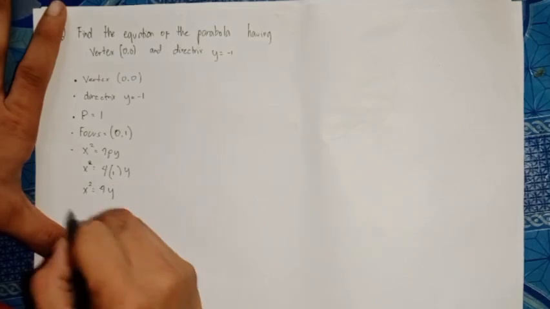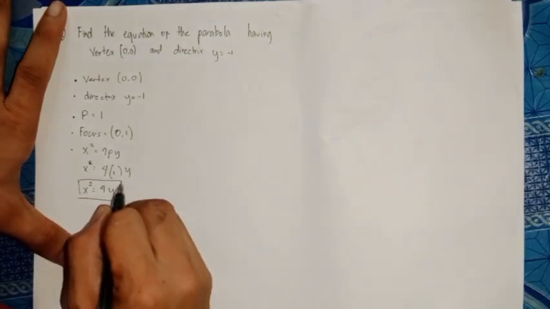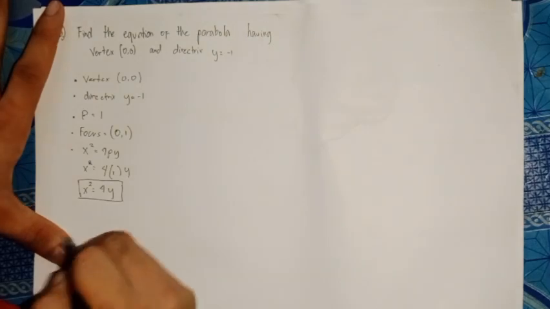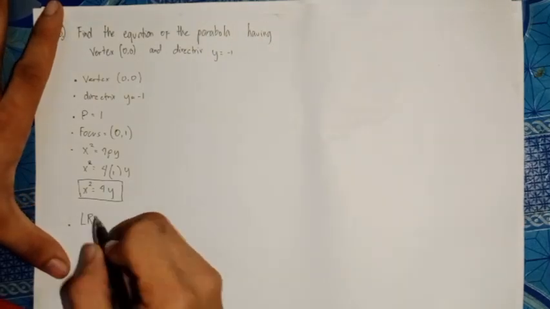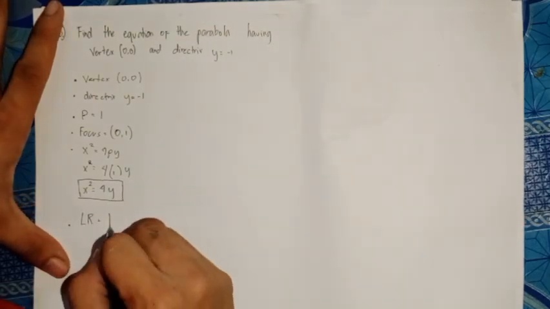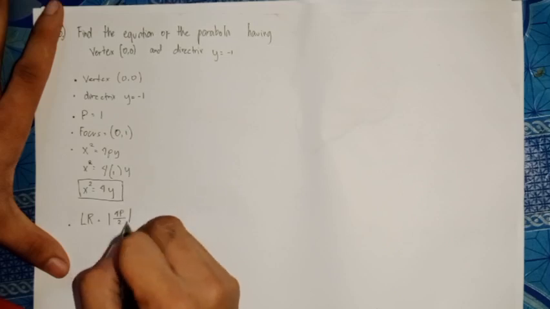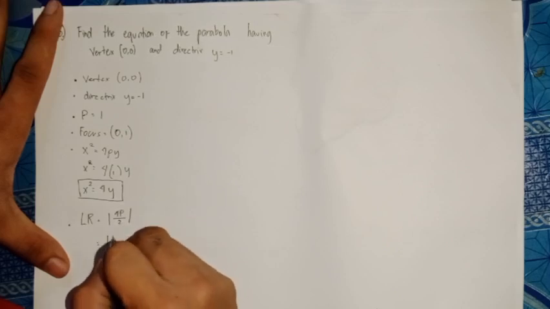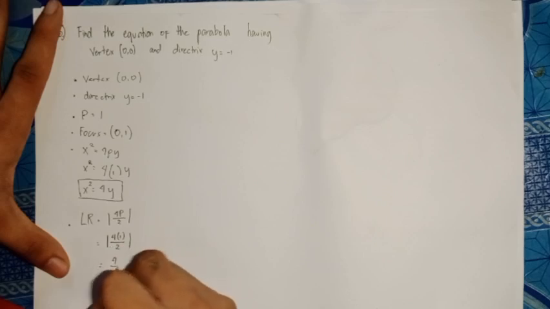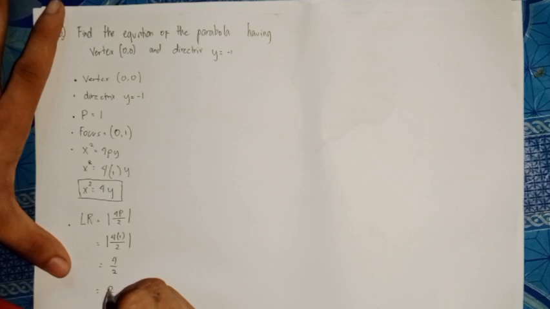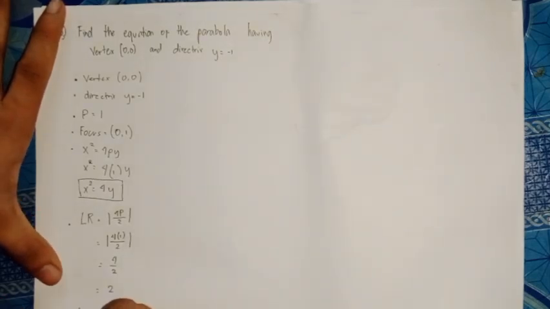This is now the equation of this parabola. Next, we will find the latus rectum. To find it, we have the absolute value of 4p over 2, which is 4 times 1 over 2, 4 over 2, we have 2. Therefore, our latus rectum endpoints are 2, 1 and negative 2, 1.